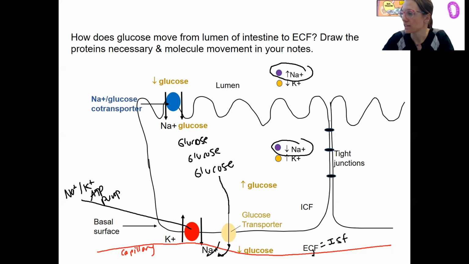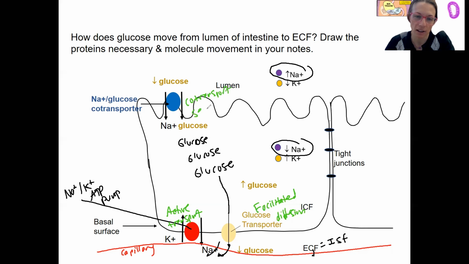So let's label what these things are. Choose a different color here. Let's do this one. This is facilitated diffusion. This is active transport. This is co-transport and specifically secondary active transport.